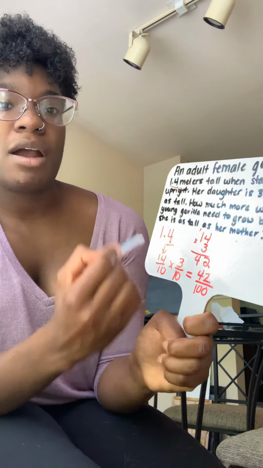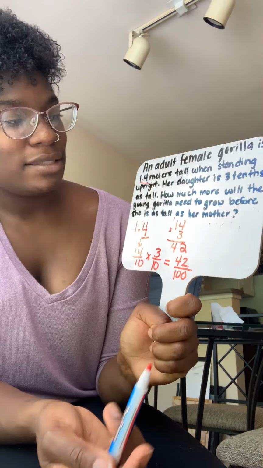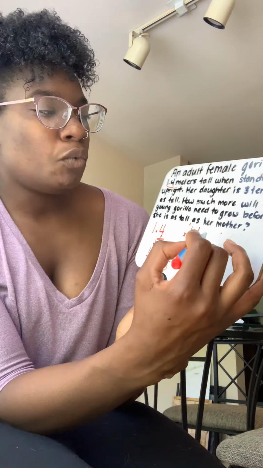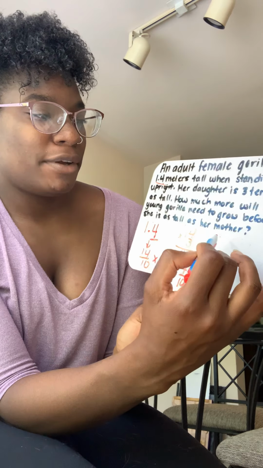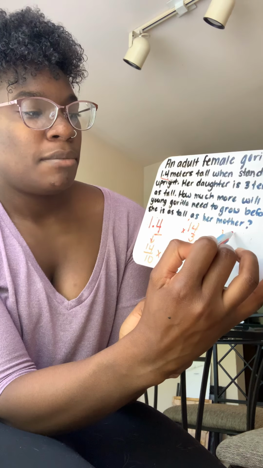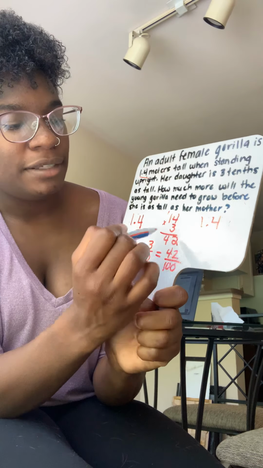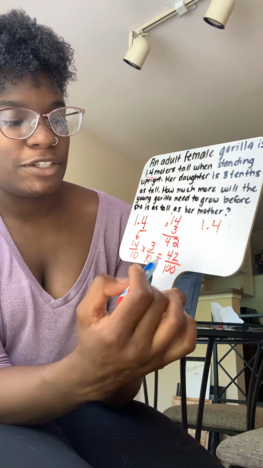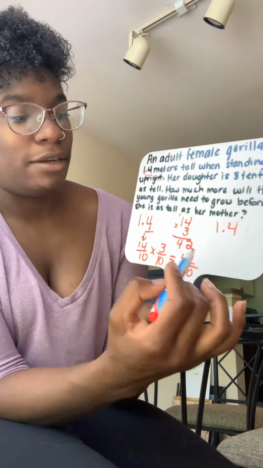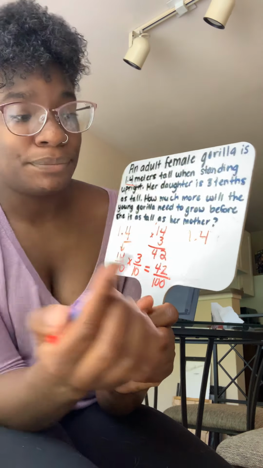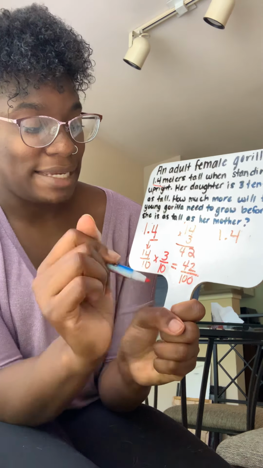Now, for the second part of this question, we've got to figure out how much she needs to grow. So we know that the adult, or her mother, is 1.4 meters, and she is only 42 hundredths of a meter. So this is also where you've got to focus on your decimal placement.